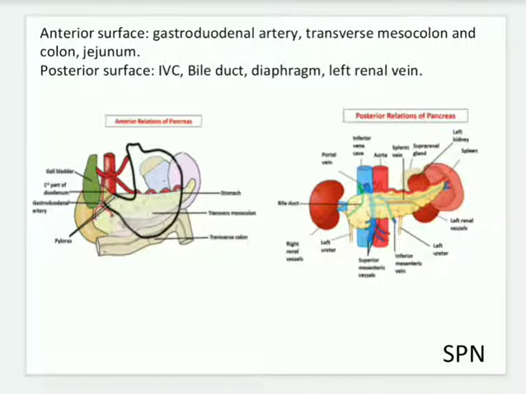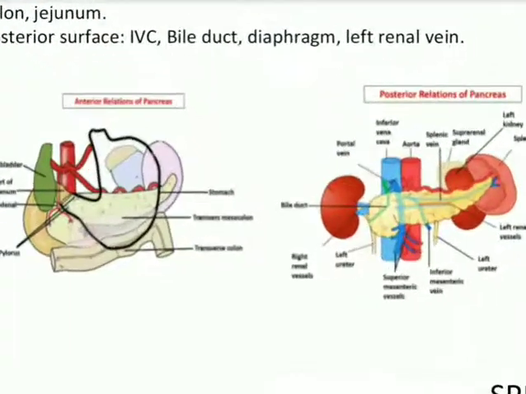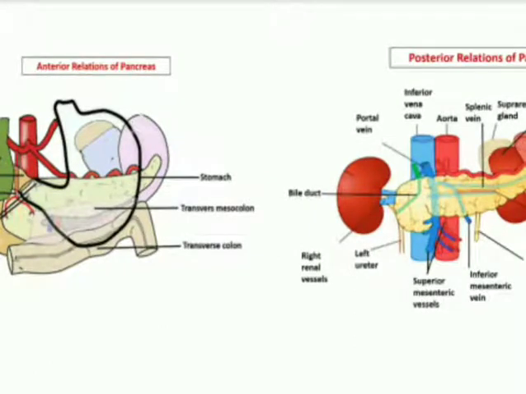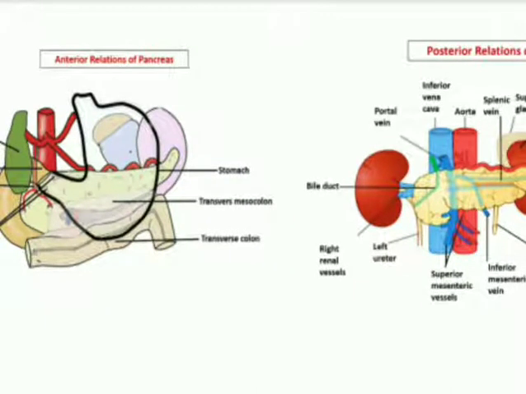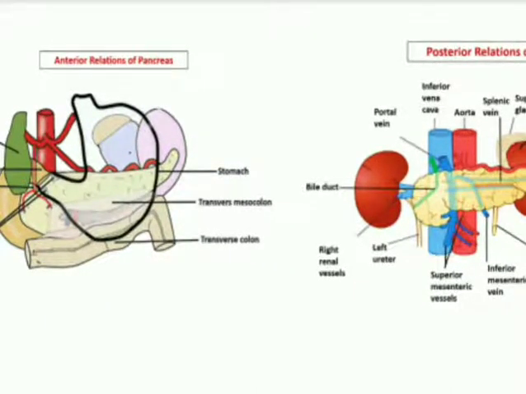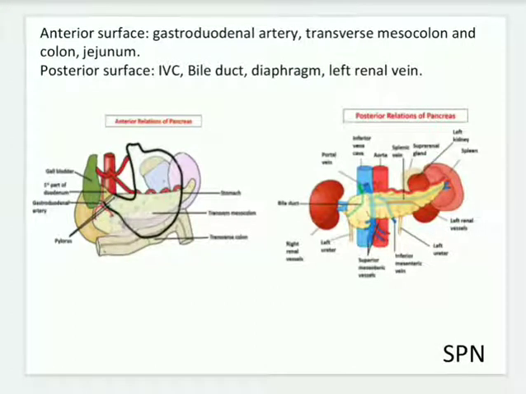In this picture below, you can see some of the relations anteriorly and posteriorly. In the anterior view, you can see the gallbladder. As I said, the first part of duodenum and gastroduodenal artery, stomach, transverse mesocolon, transverse colon and pylorus.